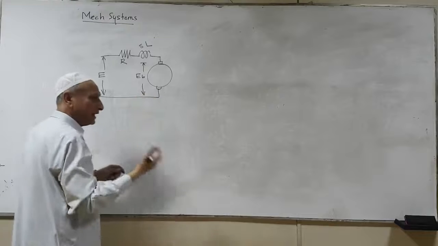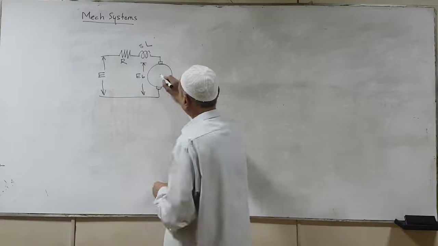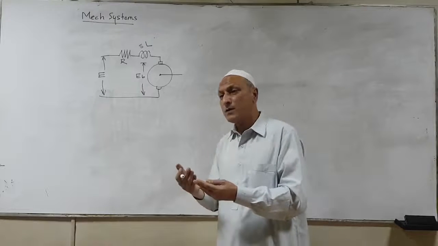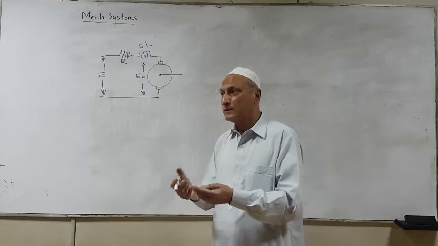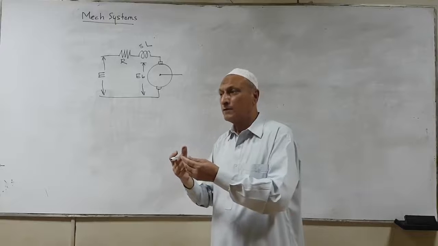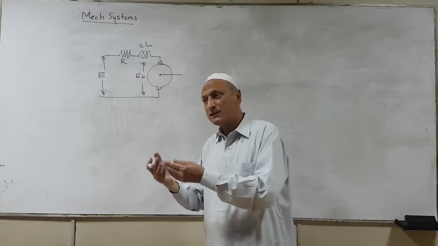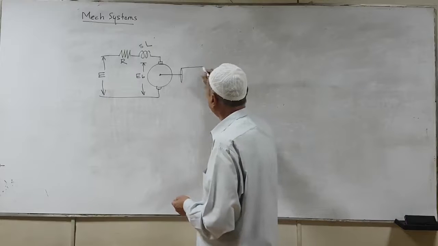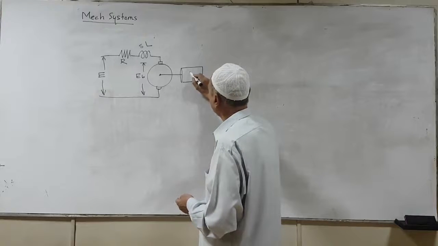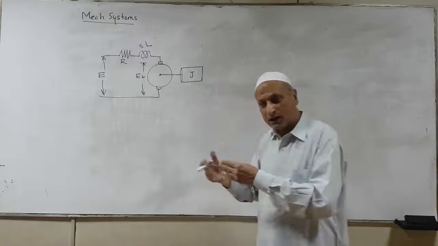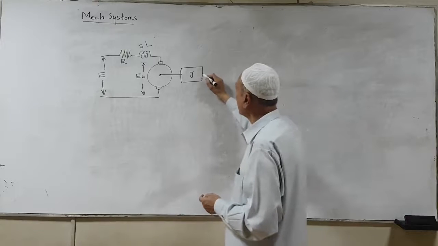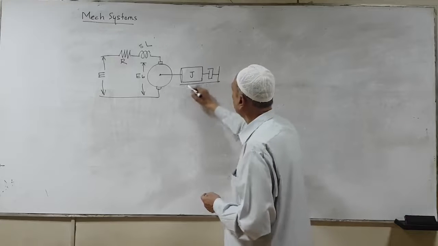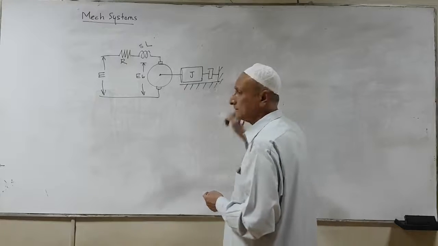So EB is the back EMF, and then this rotor is driving a certain mechanical load, maybe a pulley carrying a shaft, and that shaft is supported on bearings. So we can call this the equivalent inertia of the rotating load, J, and then the bearing part is actually a damper.